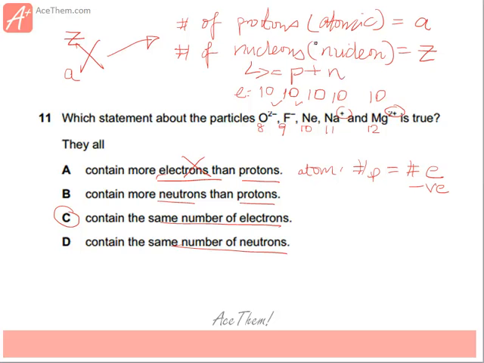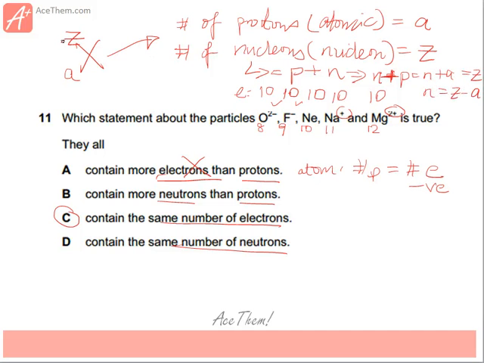So N plus P, which is N plus A, is equal to Z. So the number of neutrons N is equal to Z minus A.